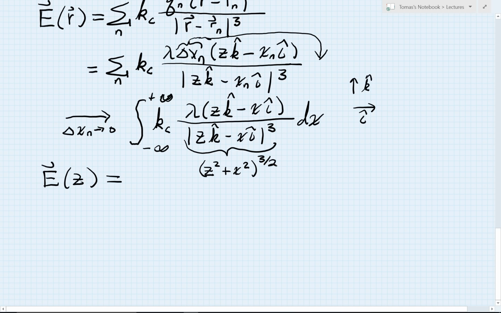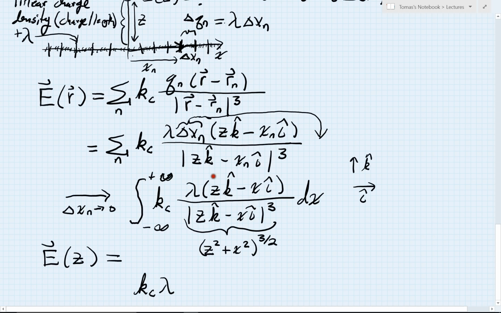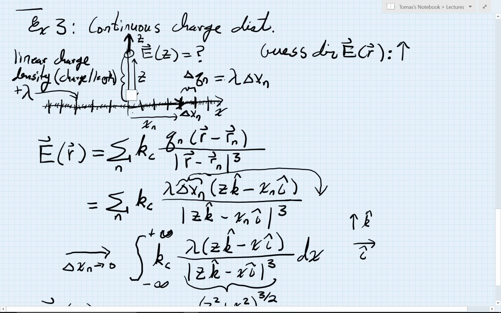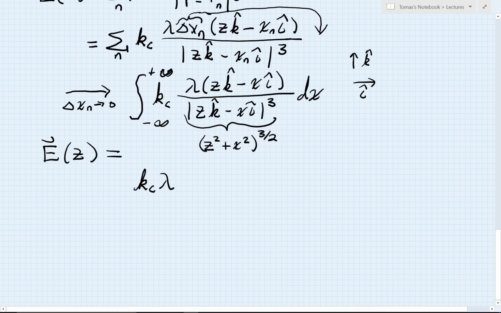So as I write down my electric field then, my first term will have the following. I'll have Coulomb's constant that I can factor out. Lambda I'm going to factor out. That doesn't depend upon x. Z itself also does not depend upon x. Notice that z just tells me the height above the axis. That doesn't change as I'm moving my way along the axis. So I could also factor out z if I liked. I'm then left with the integral from minus infinity to infinity.